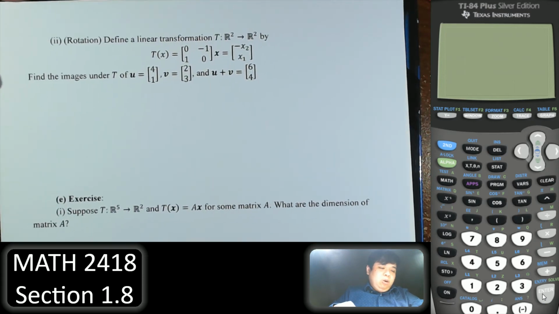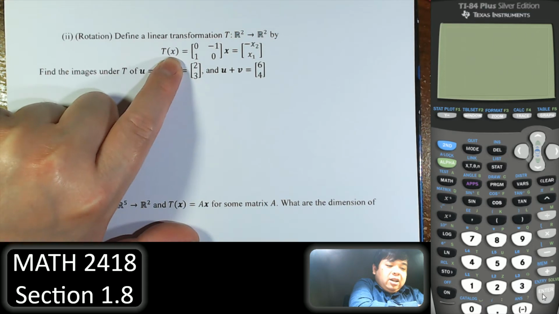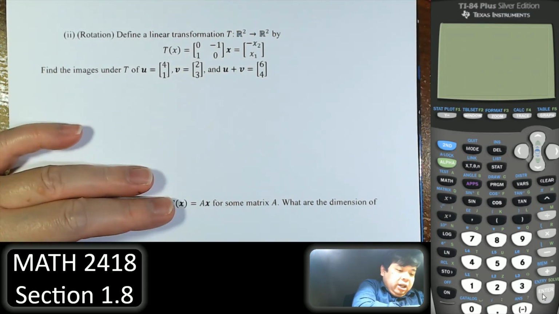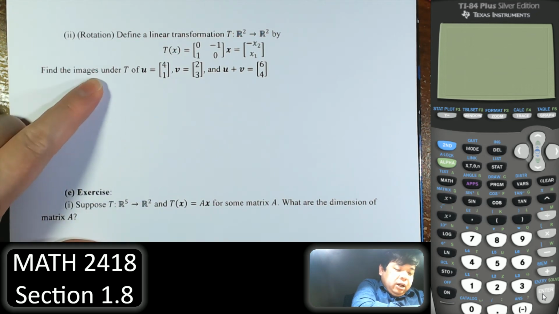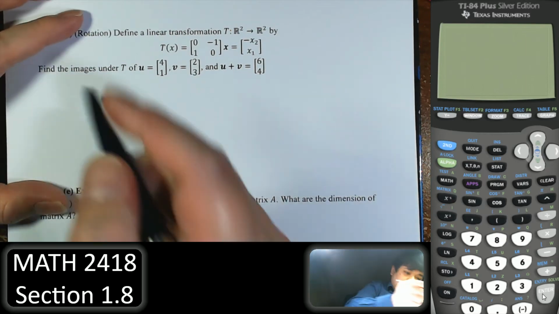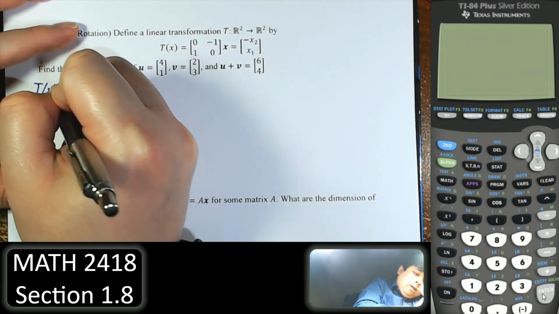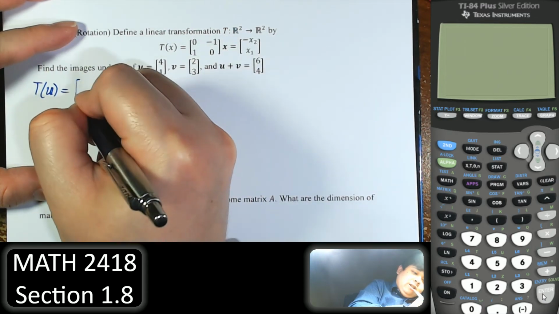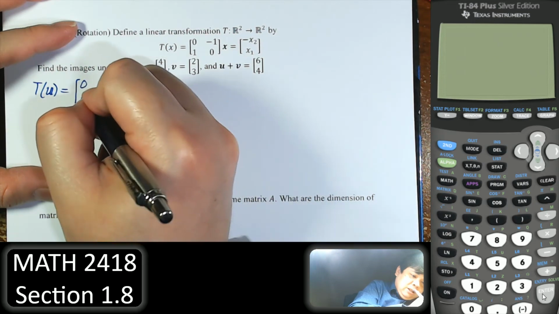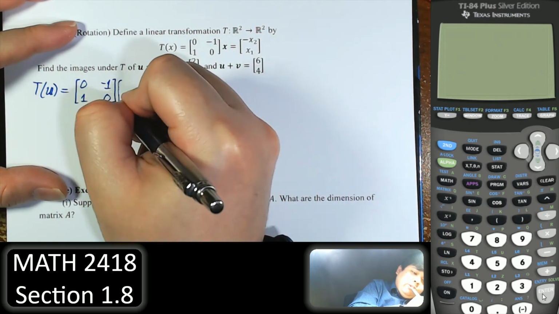Next, rotation. Define the linear transformation as T of x is that matrix times x, which gives us negative x2 and x1. Find the image under T of u and v. So T of u is equal to the matrix times vector u.